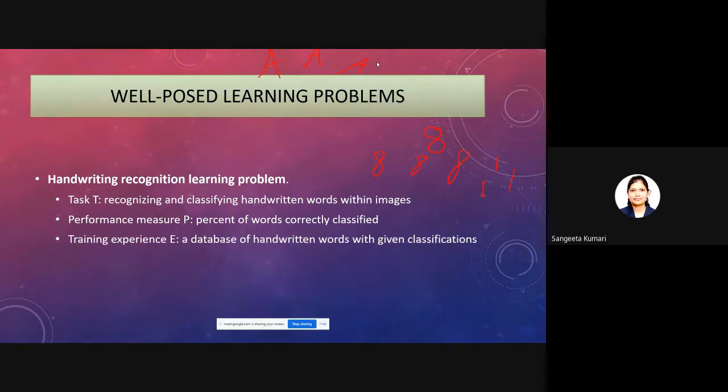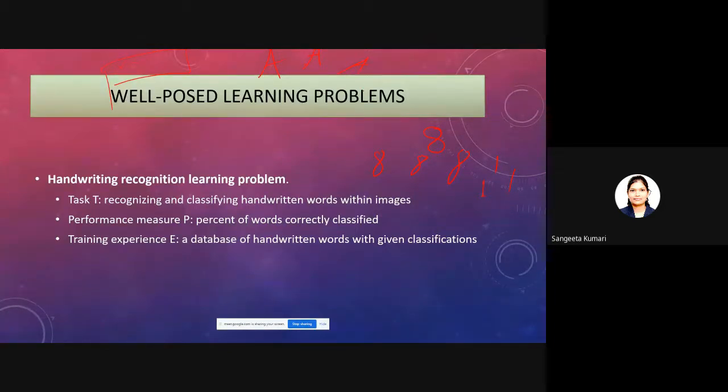Then training experience E. What would this experience E be? You must have some sort of database where all these handwritten words are stored, right? You need to have a database where all these varieties are already put.